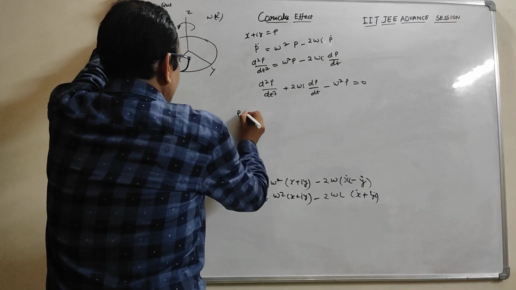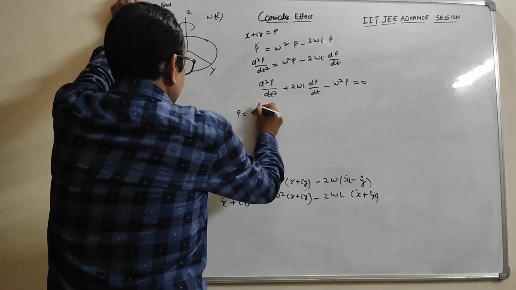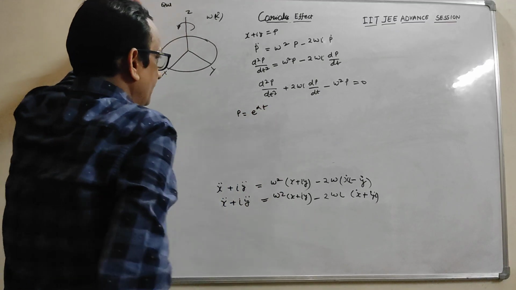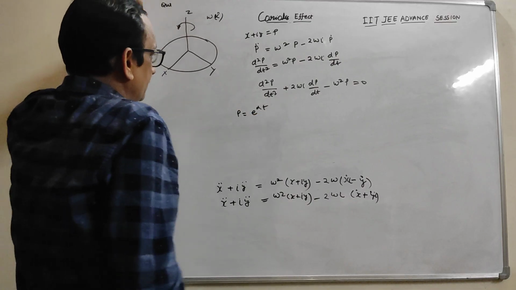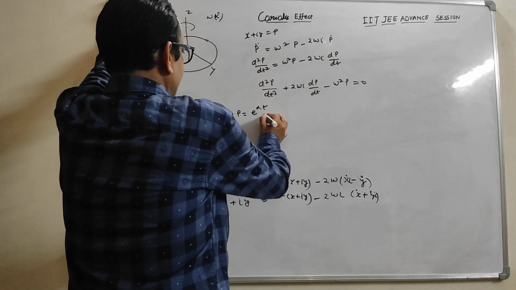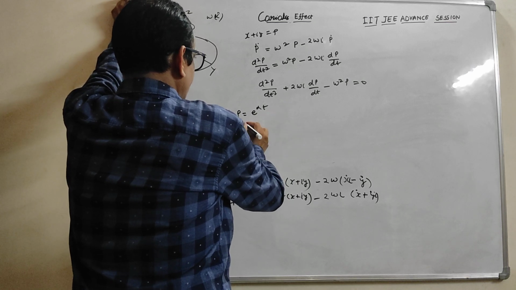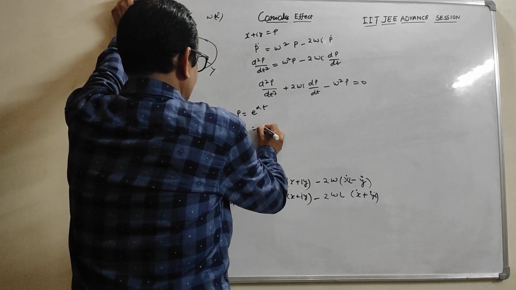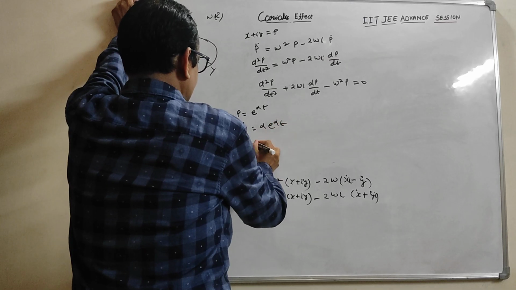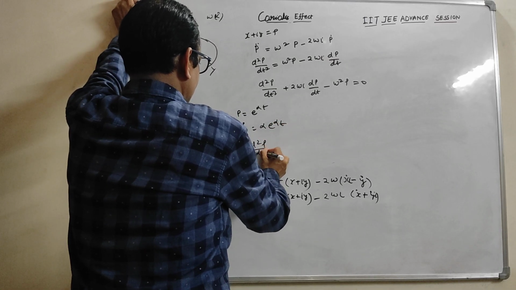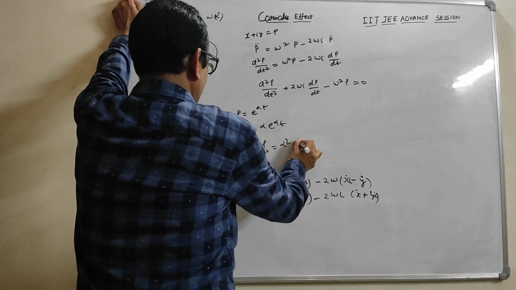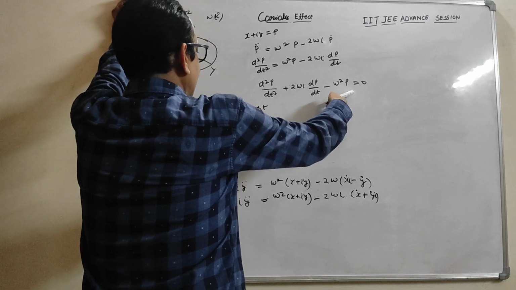So we put here p is equal to e raised to power alpha t. Alpha is the root. So differentiating, dp over dt becomes alpha e raised to power alpha t, and d2p over dt square becomes alpha square e raised to power alpha t, and p is equal to e raised to power alpha t.